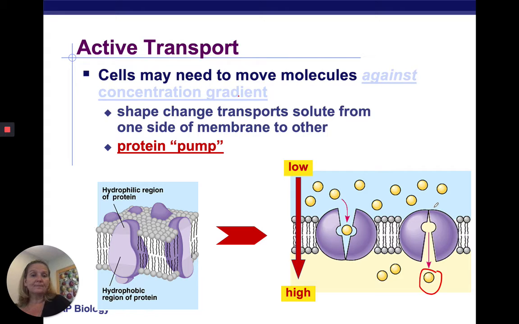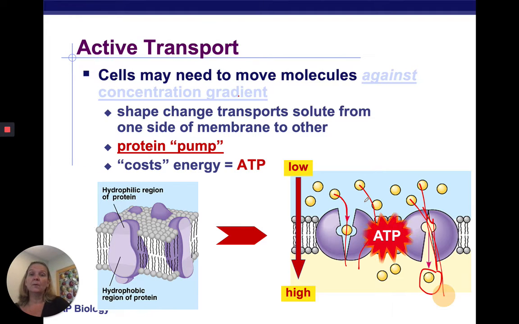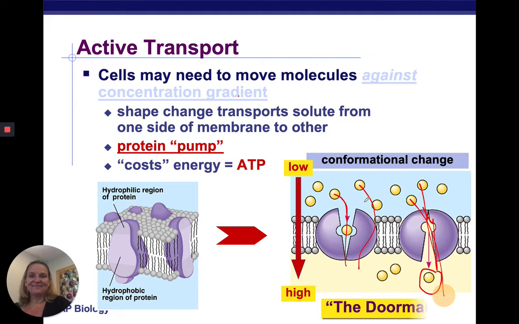So what you're going to end up doing if this is a pump is more and more of these are going to go through this pump until you have a ton over here and none over here. And then you're just going to keep pushing them and pushing them until you've stockpiled these molecules. It takes ATP for that to happen.